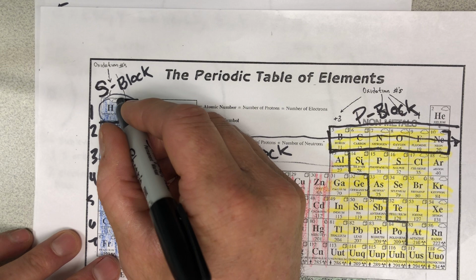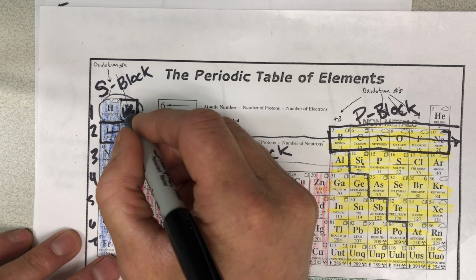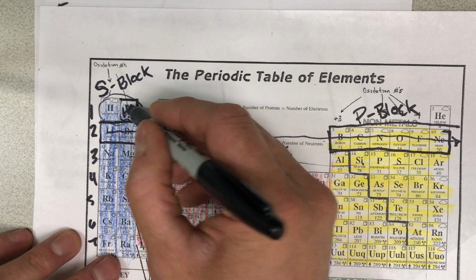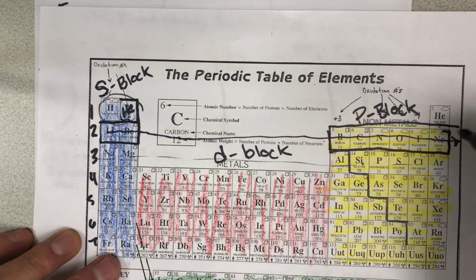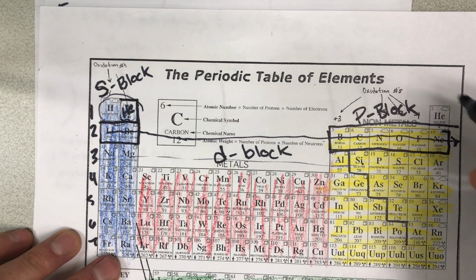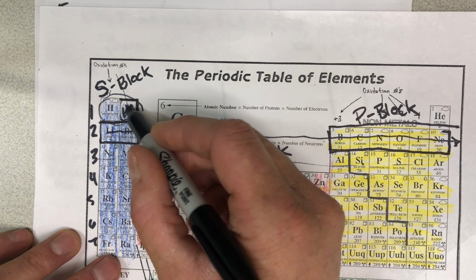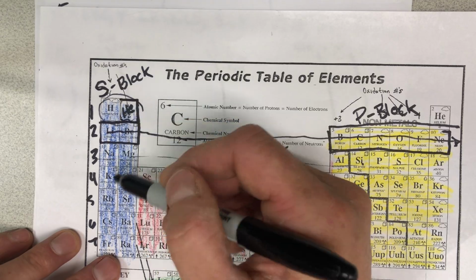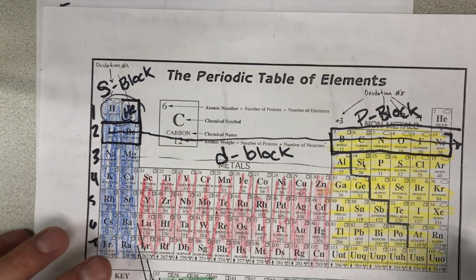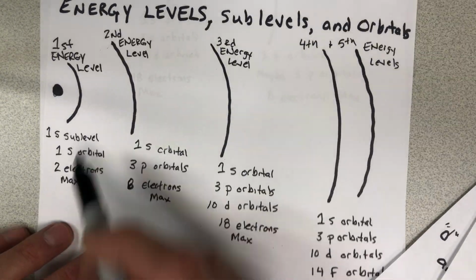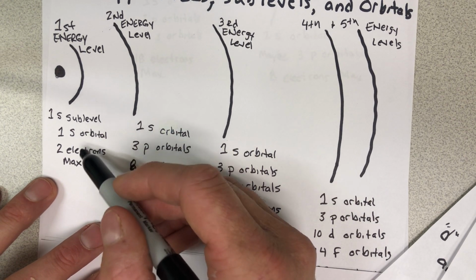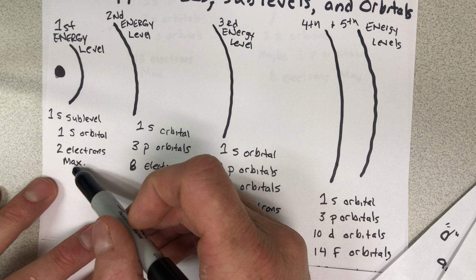You'll notice that I've moved helium over to this side here. It belongs here for a couple of different reasons, and it belongs over here for a couple of different reasons, but it is an S block element, okay? So just think of helium over here as an S block element. The first sublevel contains 1 S orbital and 2 electrons maximum.